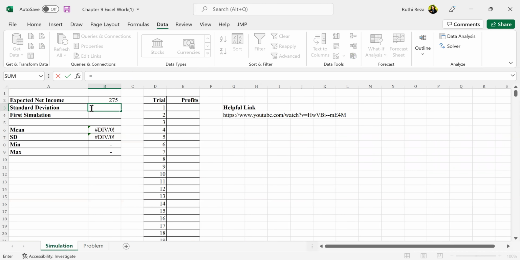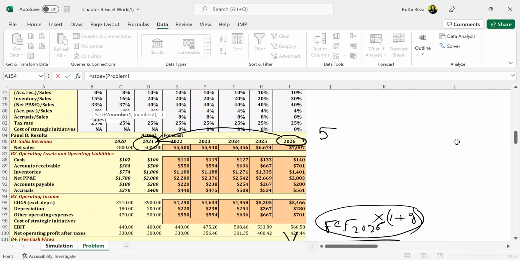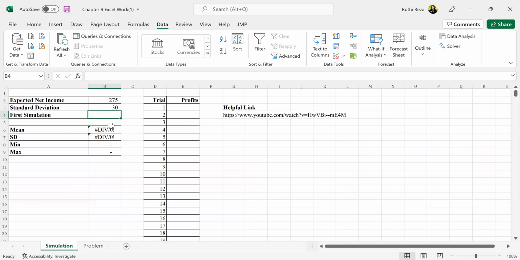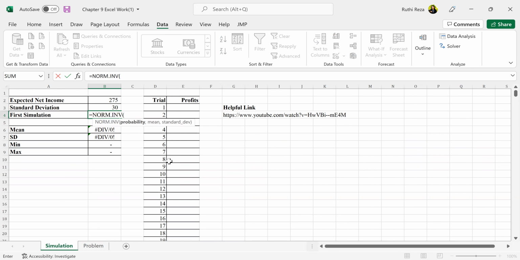So let us calculate the standard deviation of our net income from the sensitivity table. $30. Then first simulation. So here our assumption is our net income is normally distributed. And then for probability, we want it to be randomly distributed, RAND, and then mean value, and then standard deviation. Hit enter.